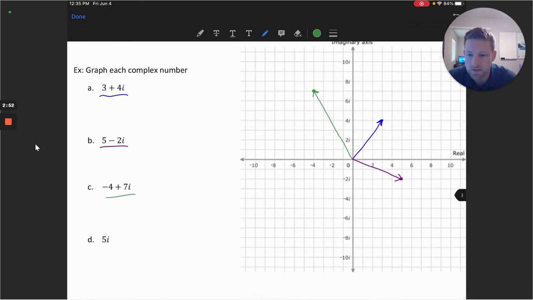And the last one is just 5i. If we just had an imaginary portion to this complex number, we'd just be going along the imaginary axis. So we'll do this one in red. 5i is just going to be coming up our y-axis up to the point of 5i. So these are some examples of some vectors that we can draw in the complex plane.